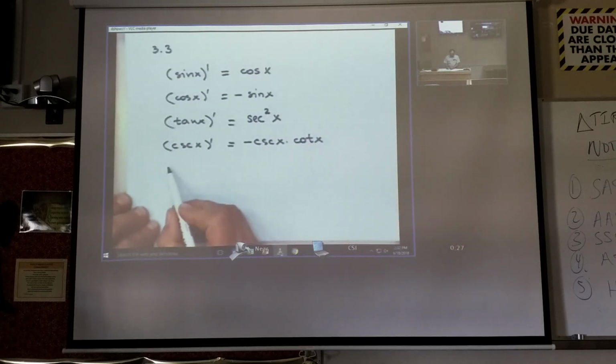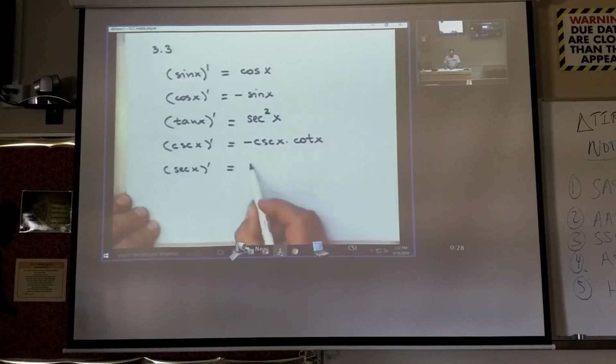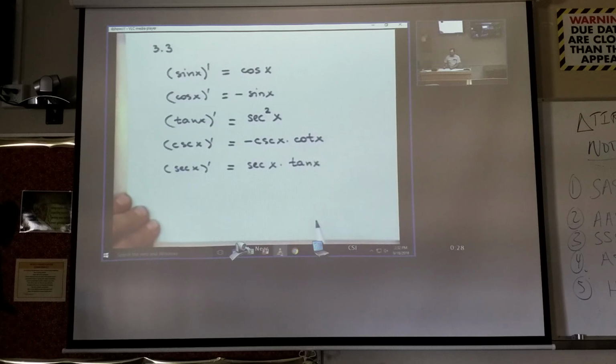And let's say secant of x, and this will be secant of x times tangent of x. And the last one, we have cotangent of x, and this will be negative cosecant squared of x.